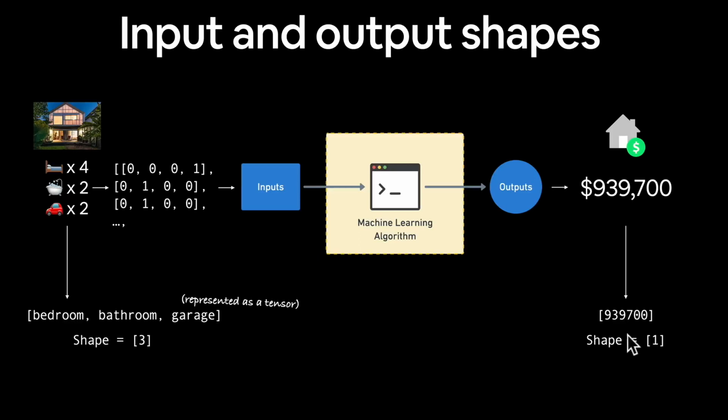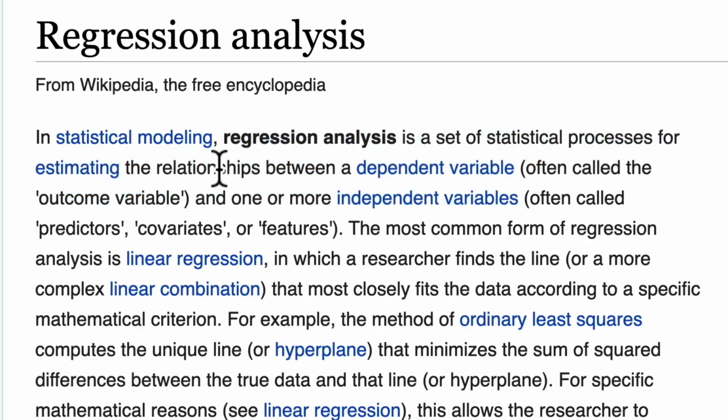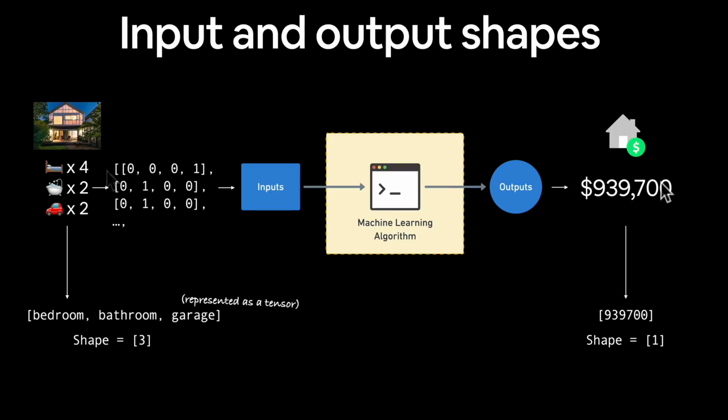But usually for a regression problem, the output shape is often 1 because we're trying to predict some sort of number. Again, if we come back to Wikipedia terms, we're trying to figure out the relationships between a dependent variable, often called the outcome variable, and one or more independent variables. So in our case, these are our independent variables, and this is our outcome variable, or our dependent variable.